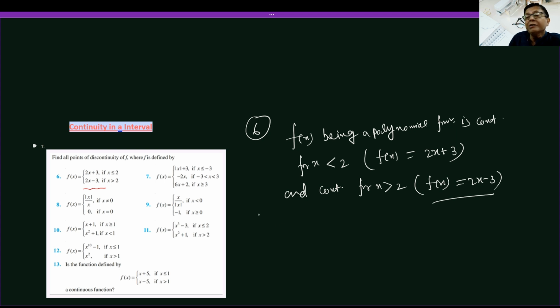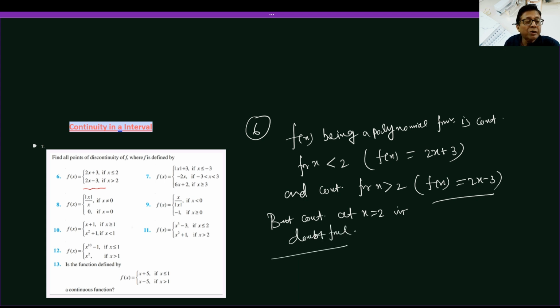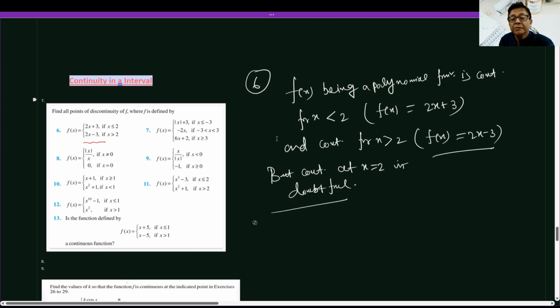So in an interval there is no problem. You state that it is continuous everywhere before 2, continuous everywhere after 2, but continuity at x equal to 2 is doubtful. Why? Because the function is changing at that point.